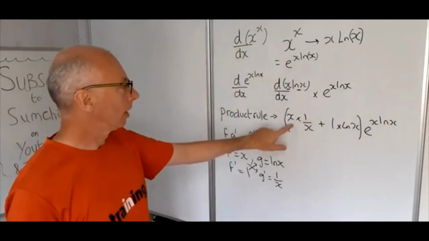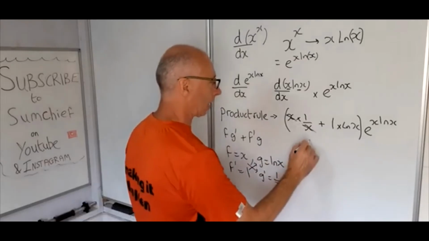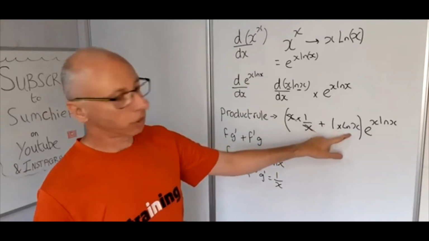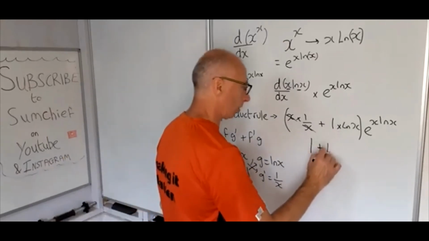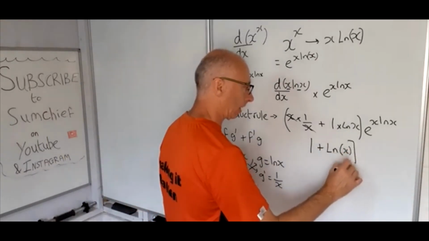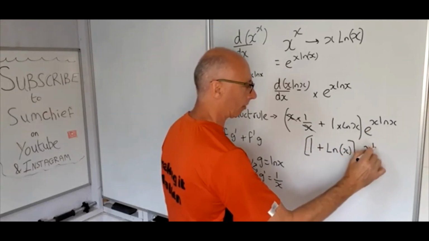Okay, x times 1 over x, well these just cancel out, that leaves us with a 1. And then 1 times ln x, it's just log of x, that's 1 plus ln of x. And again, this is all in brackets, e to the x ln x.